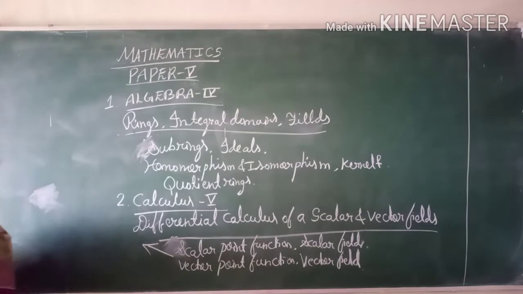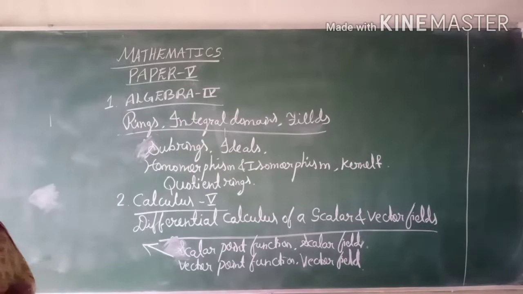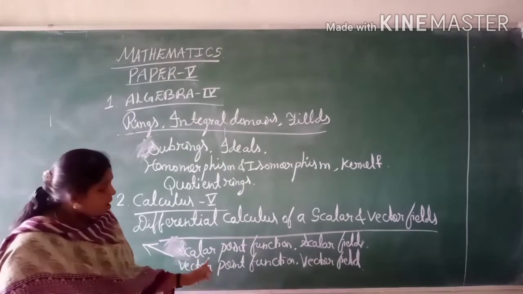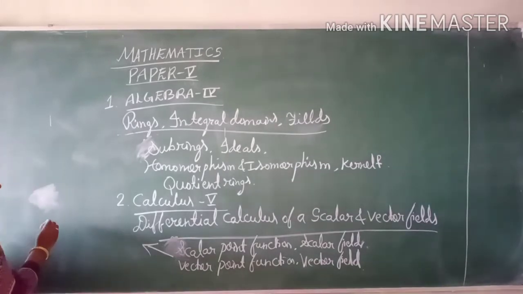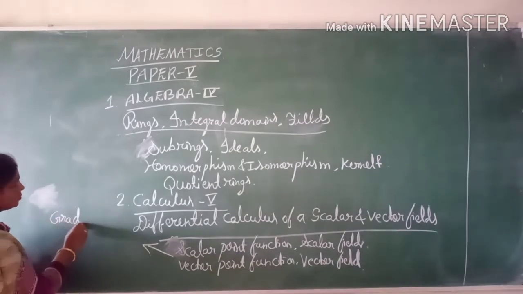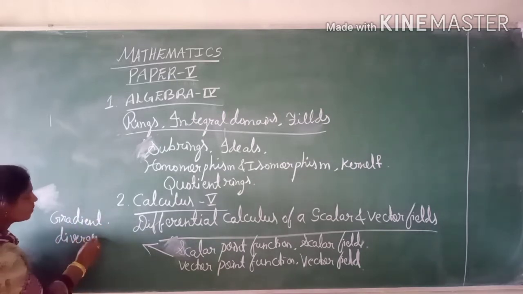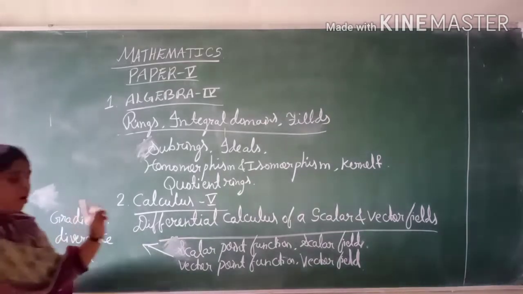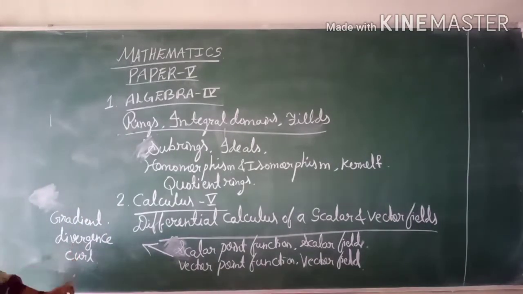You know that in mathematics there are 4 basic operations: addition, subtraction, multiplication and division, and you apply those operations on numbers. Here, similarly, on scalar and vector point functions, we are applying 3 operators: gradient, divergence and curl.